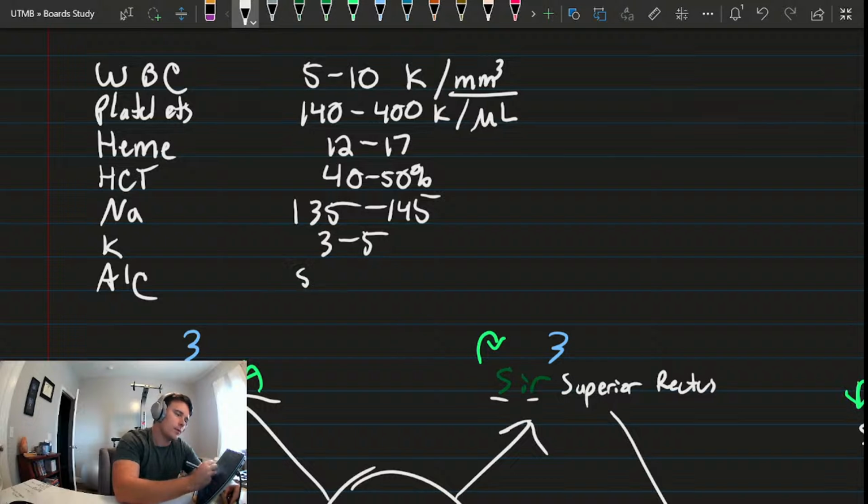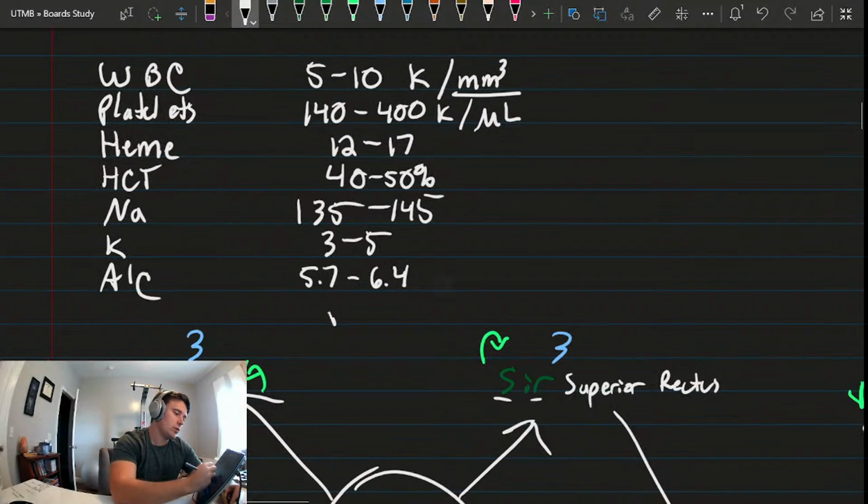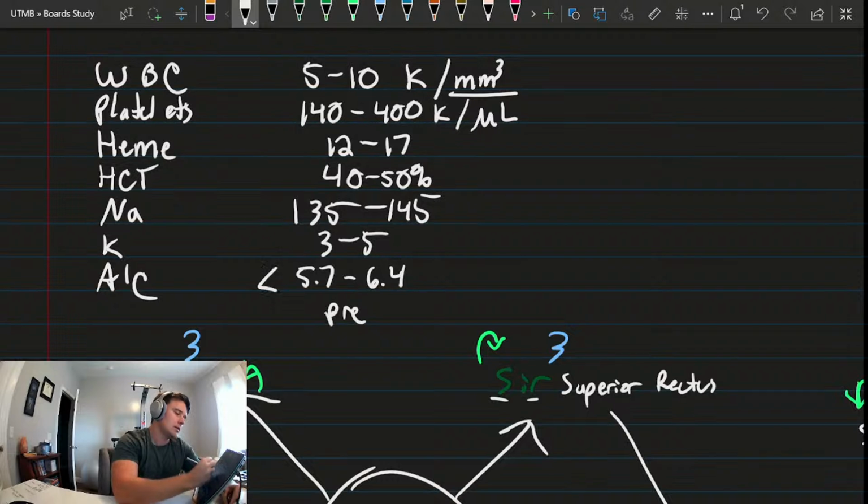So you just need to remember 5.7 to 6.4 is pre, less than is normal, and greater than is diabetes.